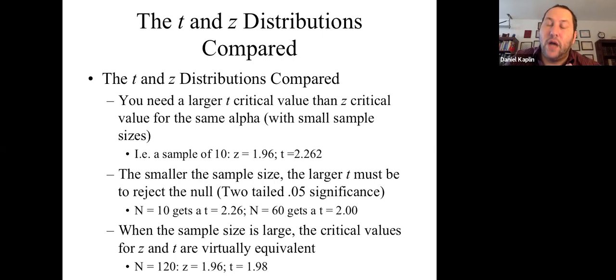If you have 120 participants, now you see that it's 1.96 for the Z as always, but the T critical value goes down to 1.98. And then I showed you that if we had infinite degrees of freedom, then it would be identical.